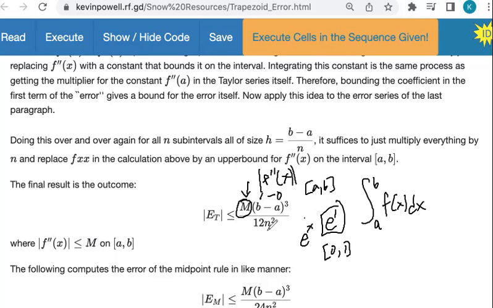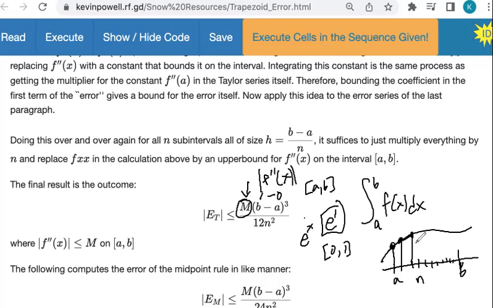This 12n squared, what does that n mean? N is just the number of subintervals that we're using. So we're looking at this integral and approximating it with the trapezoid rule. We have an interval from a to b, and we've split this up into n subintervals, and then we have some function going on here. The trapezoid rule, remember, just calculates areas of trapezoids.